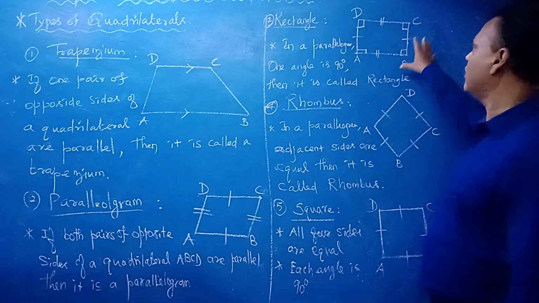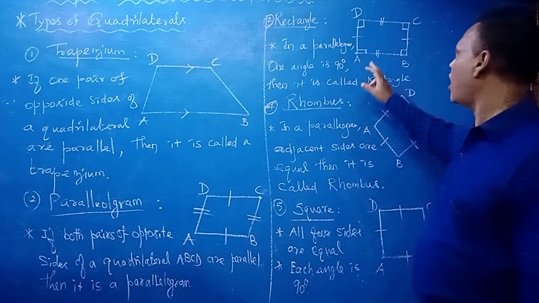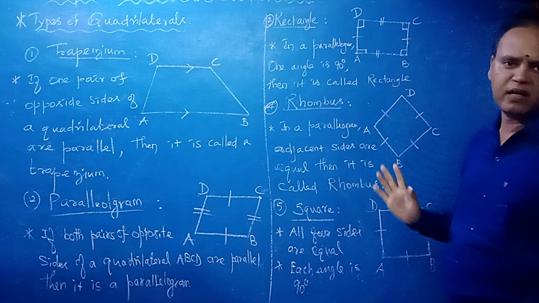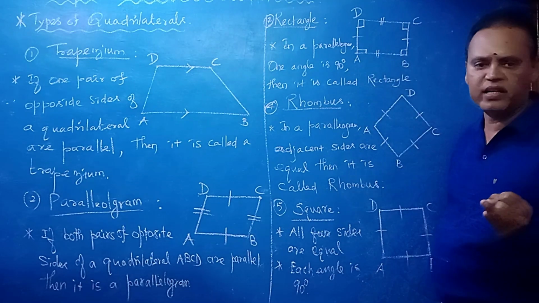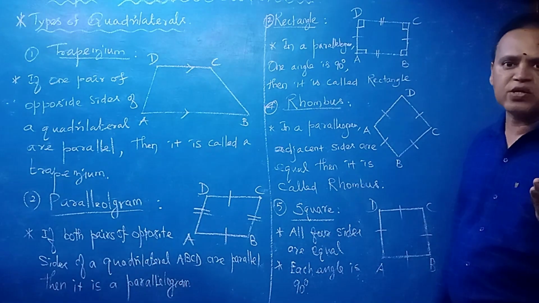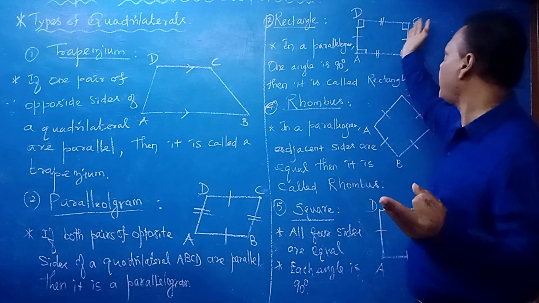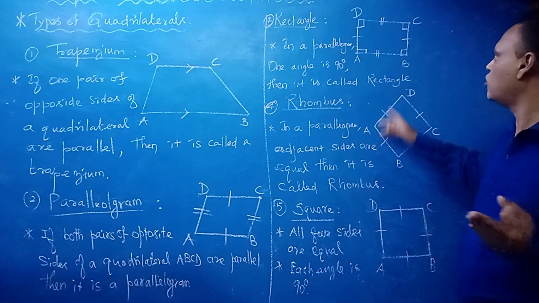The properties a rectangle has: based on sides, opposite sides are equal and parallel. Based on angles, each angle is 90 degrees. Based on diagonals, they are equal: AC equal to BD.